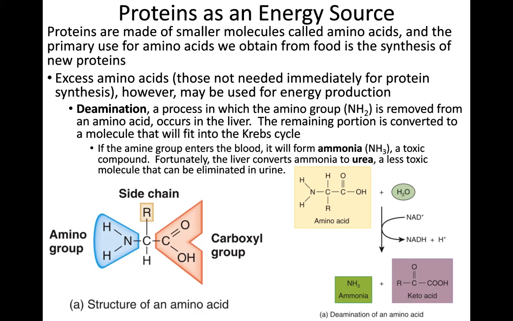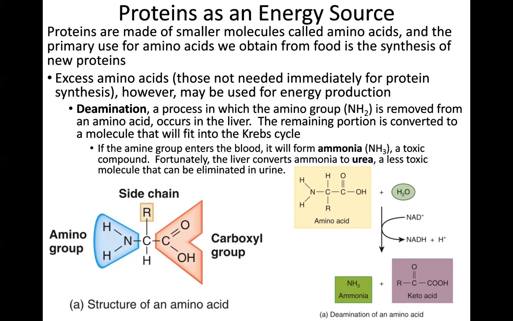And as we've learned before, proteins are made up of smaller molecules known as amino acids. The primary use for those amino acids we attain from food is not for energy, but is the synthesis of new proteins. Whether that's actin and myosin in your muscles, transport protein in your cells, hemoglobin in our blood, an enzyme, whatever.